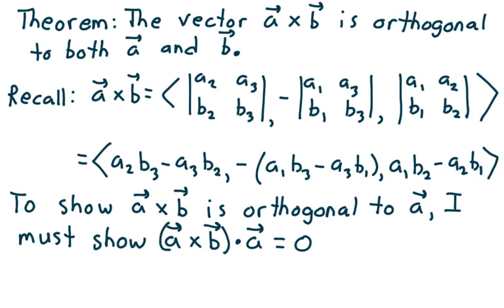And I want to show A cross B is orthogonal to A. So to do that, I must show that the dot product of A cross B with A ends up being 0, and that's a scalar. Remember, when you take the dot product of two vectors, you must get a scalar back.